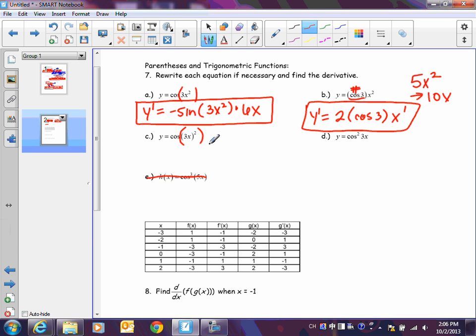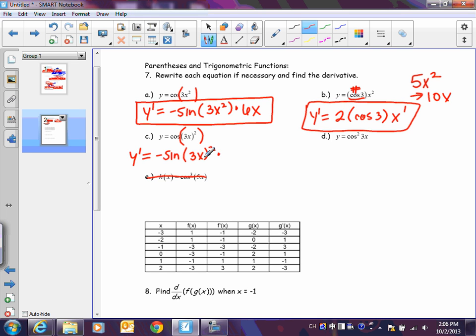Okay, and again, you don't have to know how complicated of a problem this is. You start in the same place no matter what, which is taking the derivative of cosine. And then we're going to leave everything on the inside the same. Times. Okay, the inside part is 3x in parentheses squared.